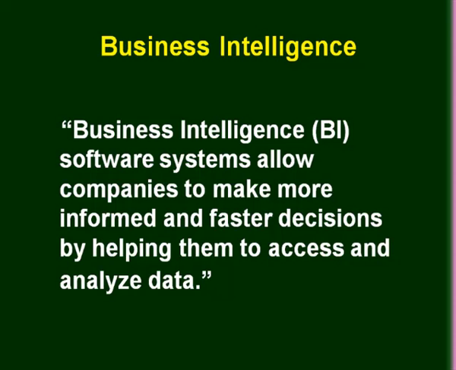That means BI is nothing but an umbrella term that combines architectures, tools, databases, applications, and methodologies by building a system which basically assists organizations to make more informed and faster decisions.